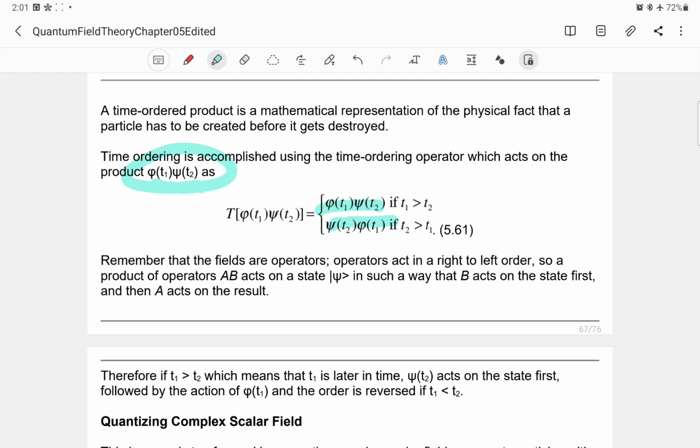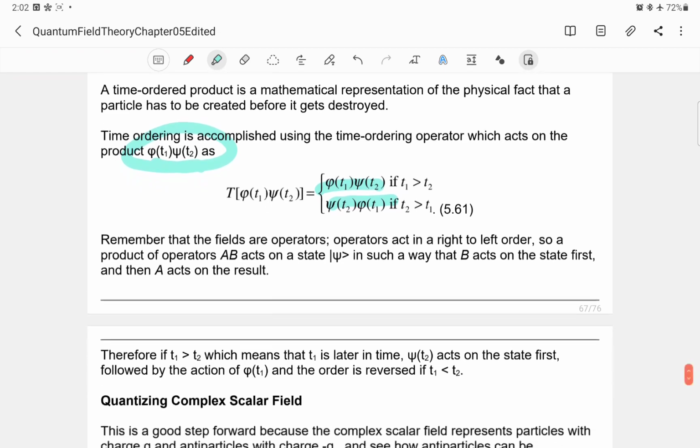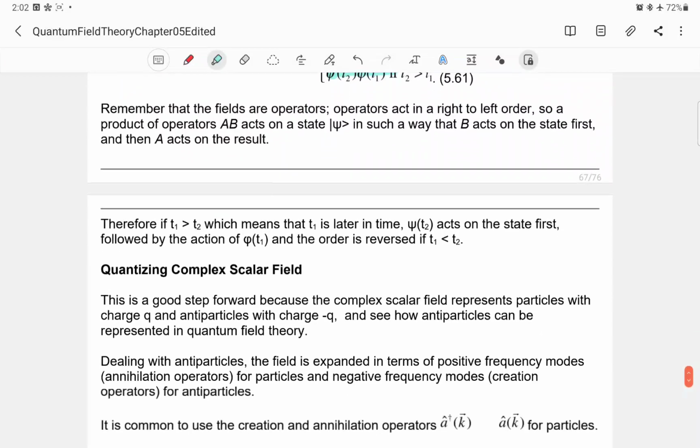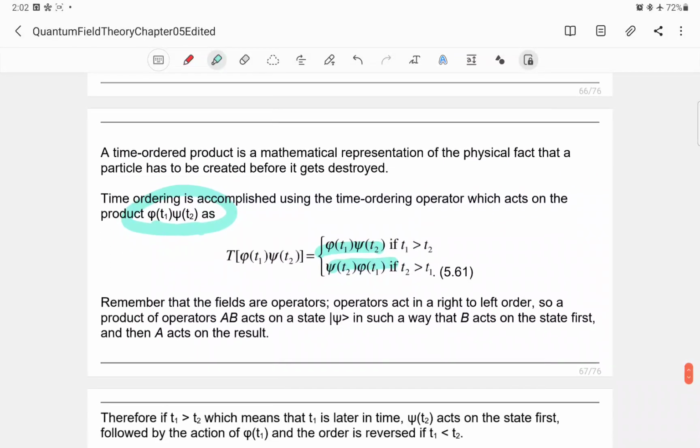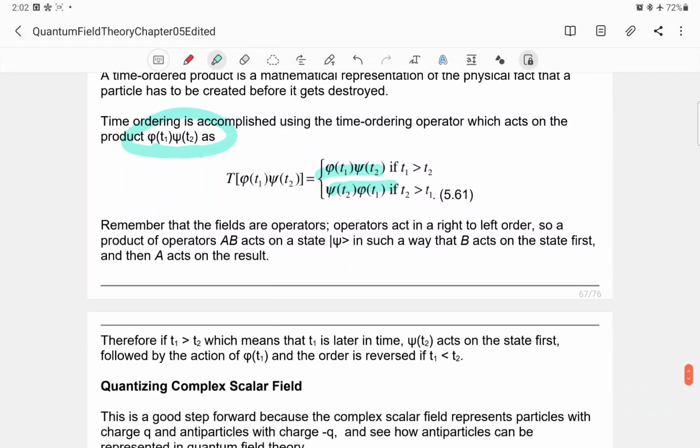Therefore, if t1 is greater than t2, which means that t1 is later in time, psi at t2 acts on the state first, followed by the action of phi at t1, and the order is reversed if t1 is less than t2. So that's time ordering.